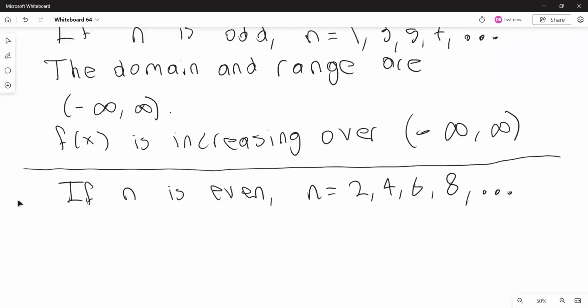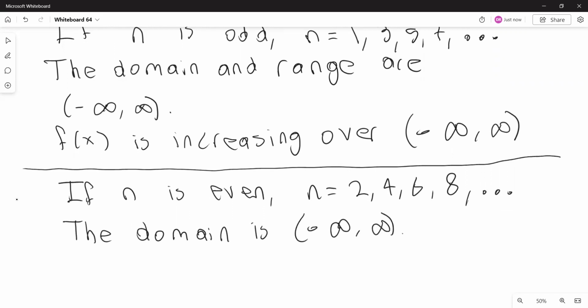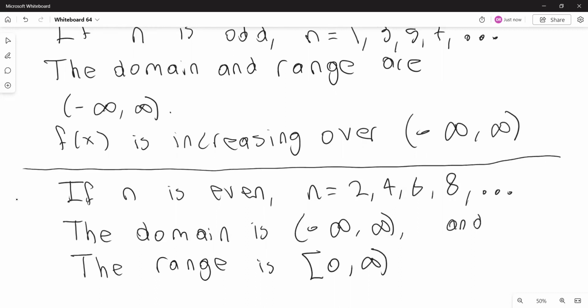So if n is even, the domain is all real numbers. And the range is 0 to infinity, including 0. So that's bracket 0, infinity.